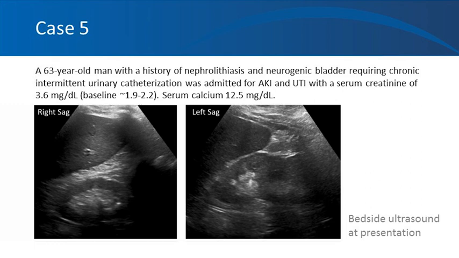And he was also having hypercalcemia with a serum calcium of 12.5 milligram per deciliter. And the initial bedside sonogram was pretty much unremarkable, except for maybe smaller kidneys, but it's hard to judge that with just one slice. And importantly, there were no visible stones or there is no hydronephrosis.